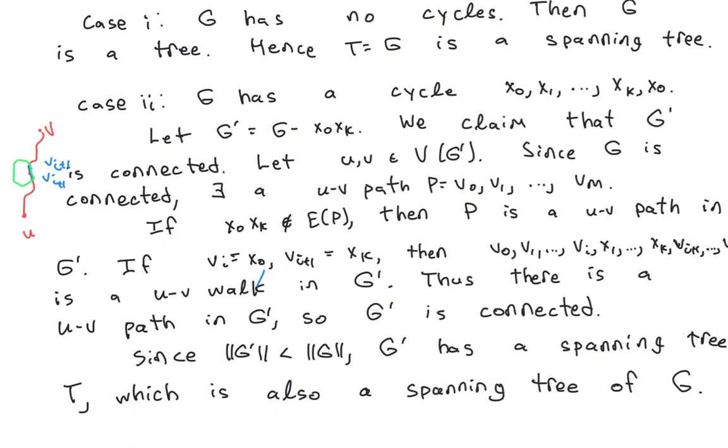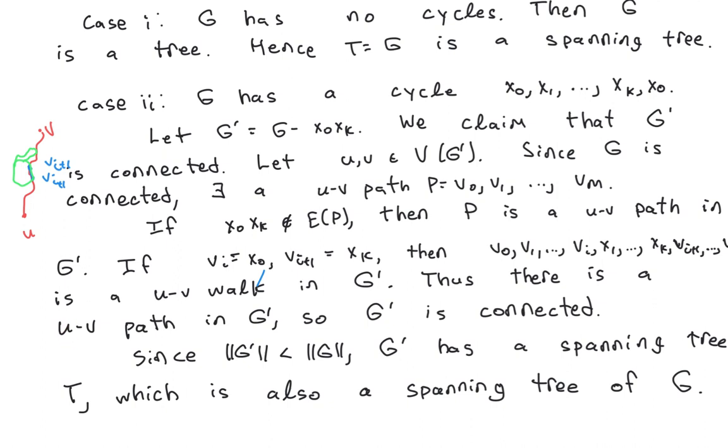Now, we should be careful and note that even though I drew it so that it looks like the result is a path, for all we know, you could be in some sort of weird situation where your cycle intersects the red path. So all we know for sure is that we found a walk from U to V in the smaller graph. But as discussed previously, if you have a walk between two vertices in a graph, then you have to have a path between them as well.